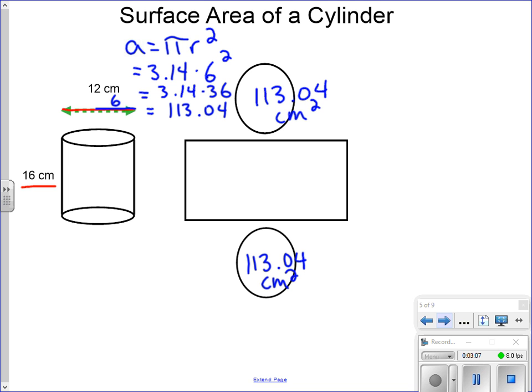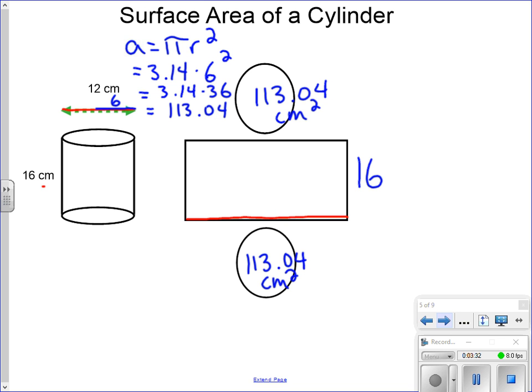So we've done most of the work already. Now, we remember that this cylinder is a rectangle rolled up, and it has a height right here of 16. So I'm going to put that over here as 16. And here's the hard part, is we need to know the length of this rectangle. In fact, we need to know this distance right along here.